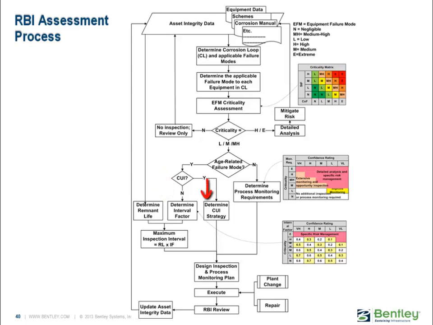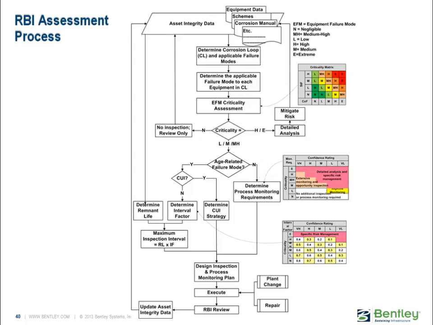If we are dealing with the corrosion under insulation or a strategy base, again, depending on the criticality, we are going to define whatever is going to be our design inspection and process monitoring strategies. If we are dealing with the non-age-related failure mode, again, we are going to define the process monitoring requirement based on the criticality and confidence rating.